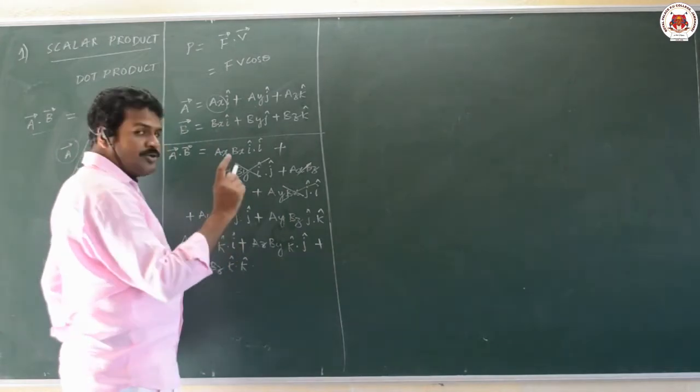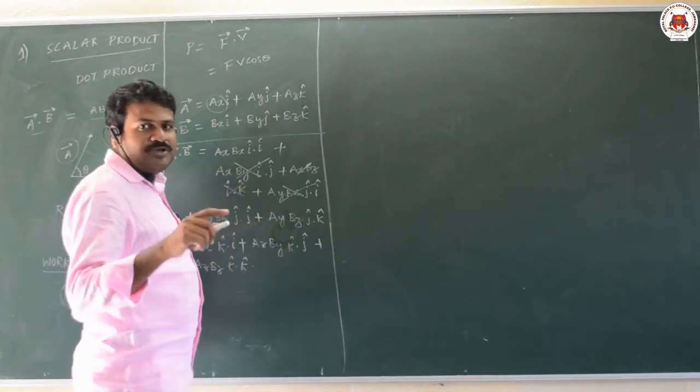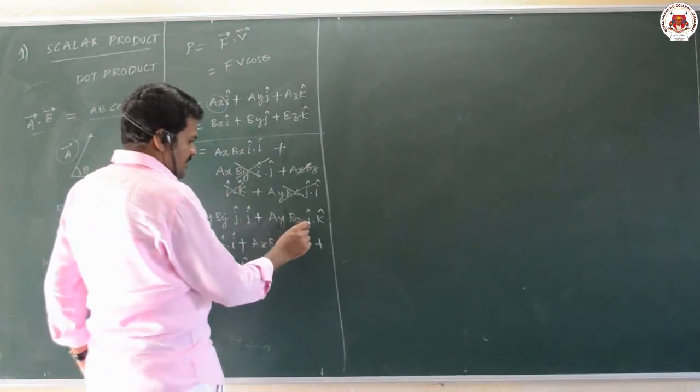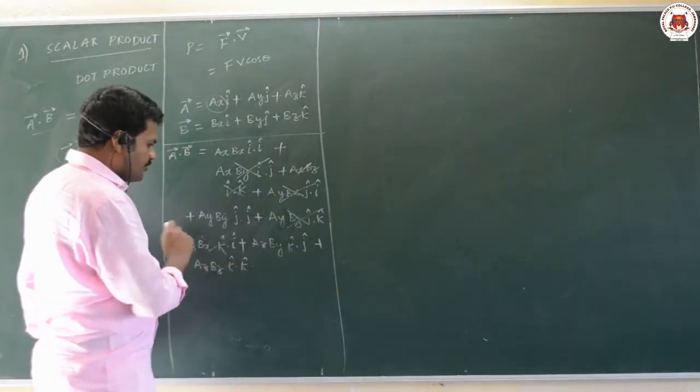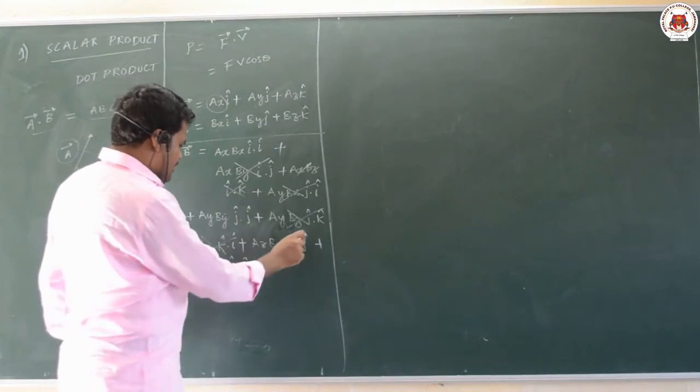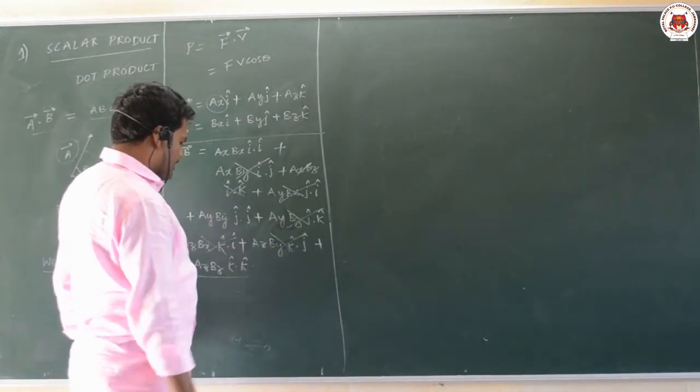j dot j is equal to 1, because 1 into 1 cos 0. j dot k is also 0. And k dot i is also 0. k dot j also 0. k dot k is 1.